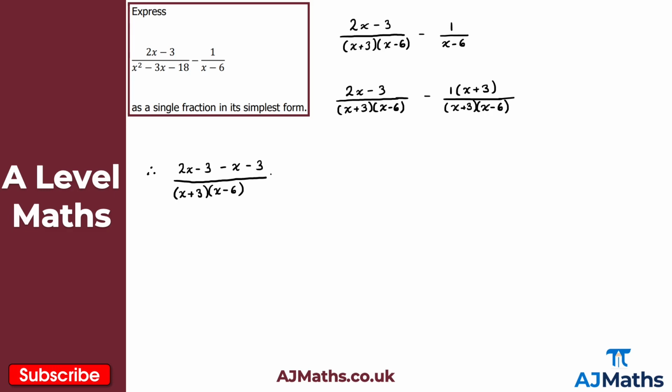Now if I simplify the numerator, I've got 2x minus x, that would give me x. And I've got minus 3 minus 3, that would give me minus 6. So altogether we get x minus 6 all over x plus 3 and x minus 6. What I notice now is I've got an x minus 6 in the numerator and an x minus 6 in the denominator.